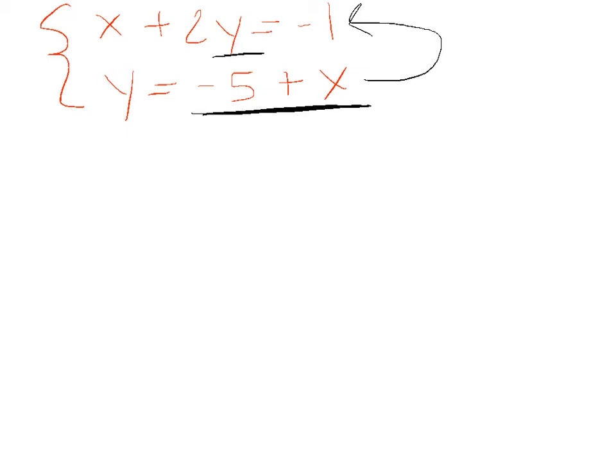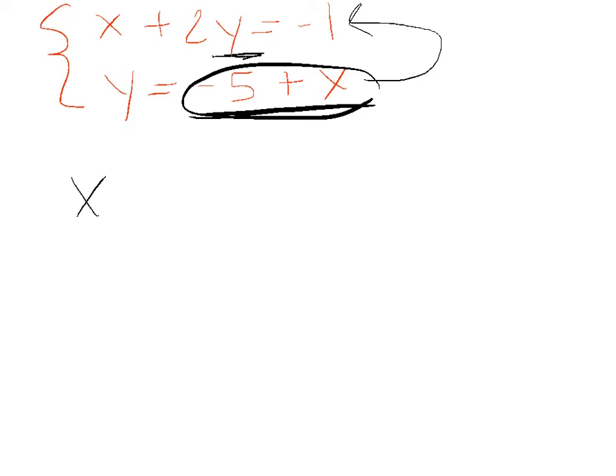Everything that's underlined is going to get replaced, because y and -5 plus x hold the exact same value. It's like they're twins, though that's not always a good analogy. Like y could be a dollar bill, and this stuff over here could be 4 quarters. They hold the same value.